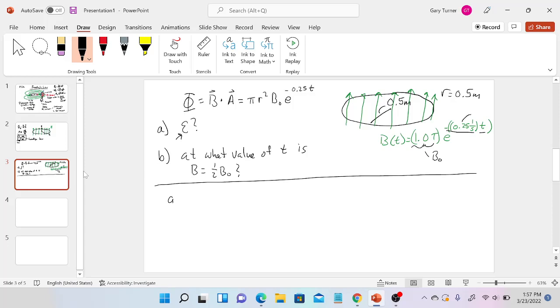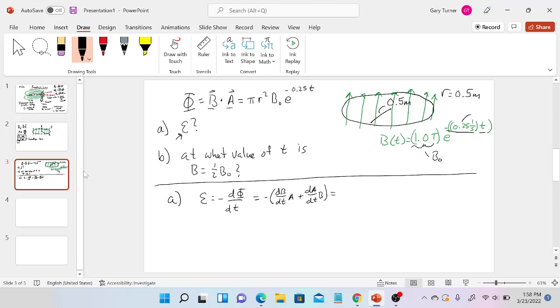And for A, we find E by taking the negative d phi dt. If I want to write it in terms of A and B first, this would be negative dB dt times A plus dA dt times B, just the product rule.